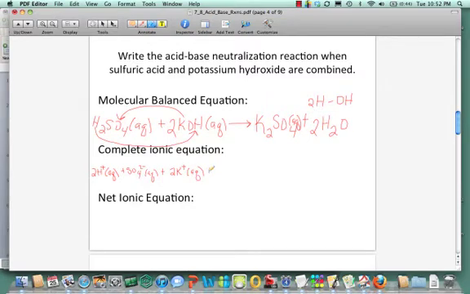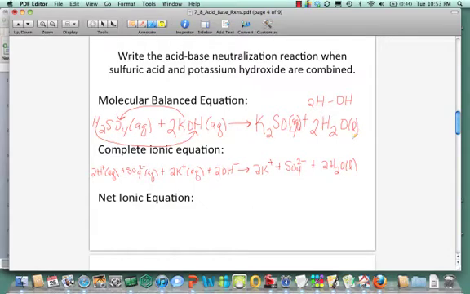And we have 2 hydroxides, 2 hydroxides that are aqueous. Okay, these yield 2 potassiums that are aqueous and 1 sulfate that is aqueous. And 2 waters, which are liquid.